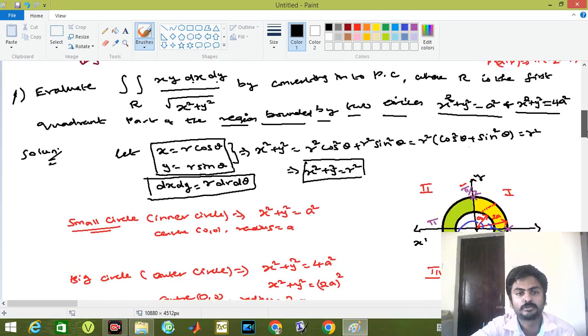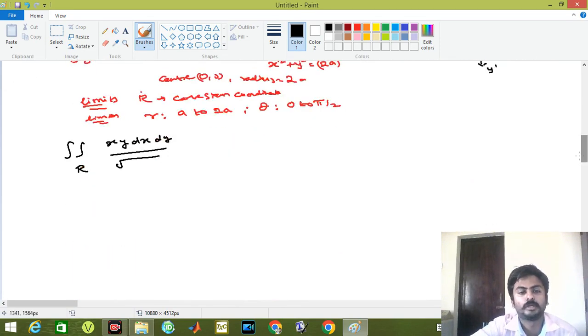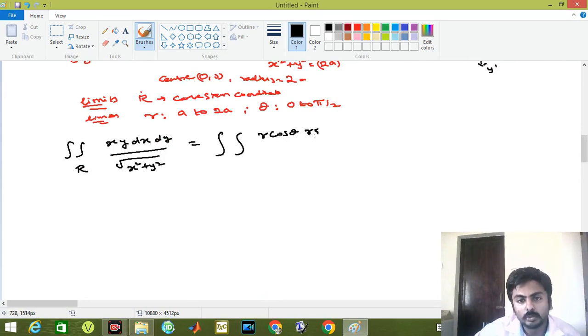Again a double integral, where x equals r cos theta, y equals r sin theta, and x square plus y square equals r square, for which we need to take the root. dx dy equals r dr d theta.